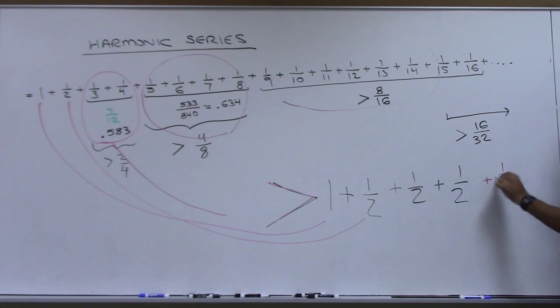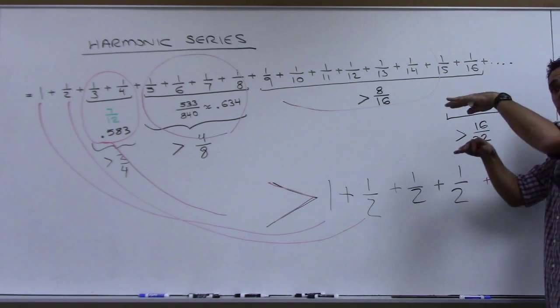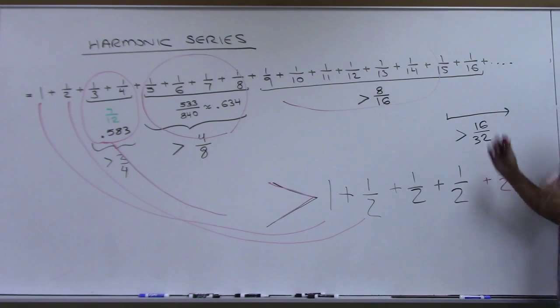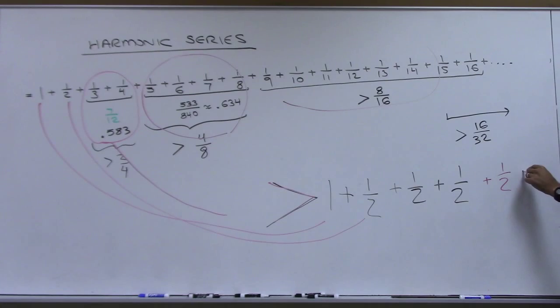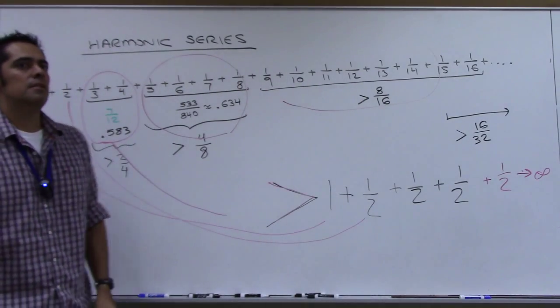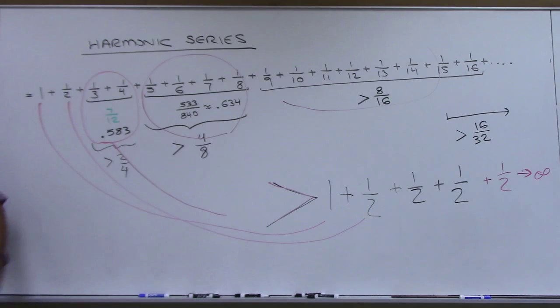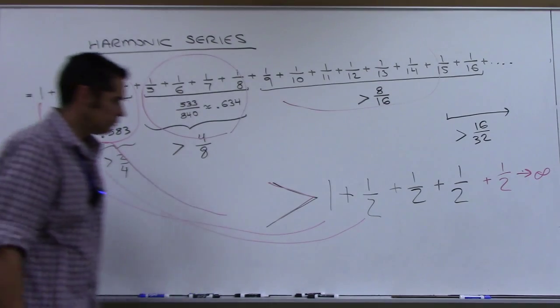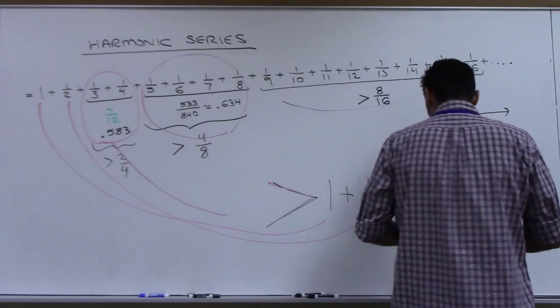But this is just 1/2s forever. And what's a 1/2 on top of a 1/2 on top of a 1/2, added up? Infinite. This one is going to infinity. So our sum has to be bigger than infinity, so it must be infinity itself. All harmonic series diverge. That's the best kind of proof I can show. I hope you buy that.